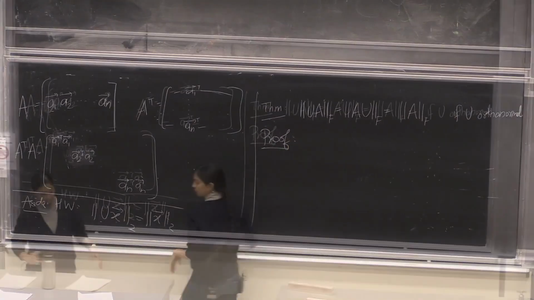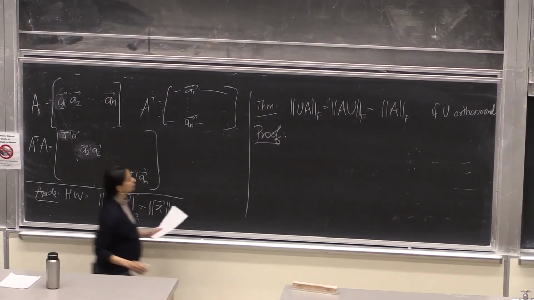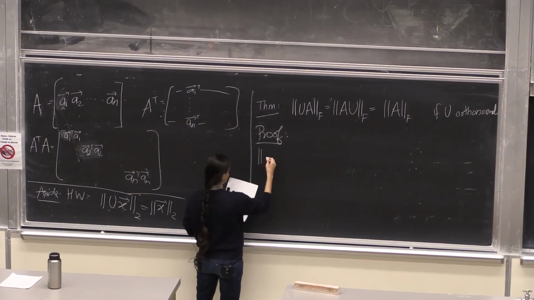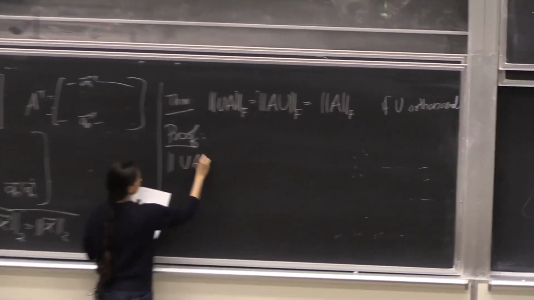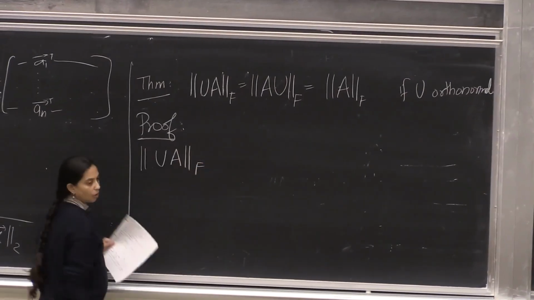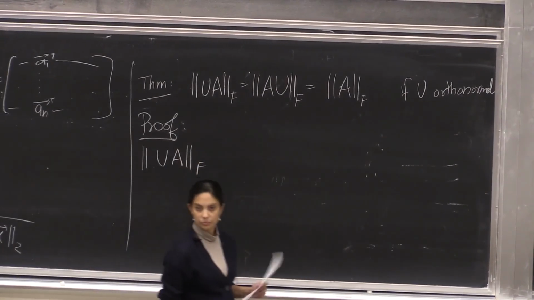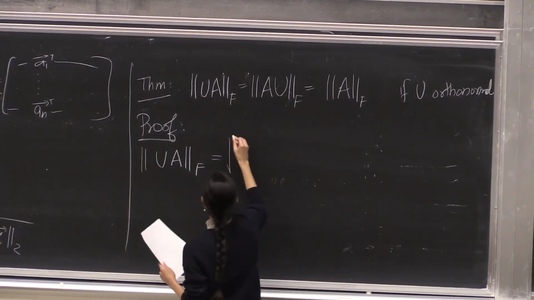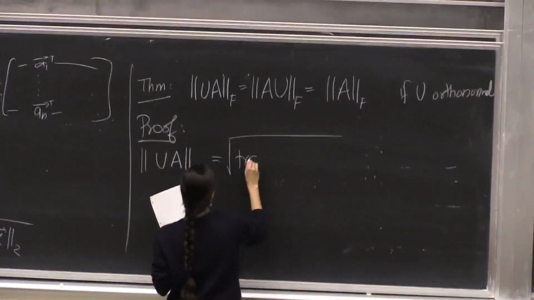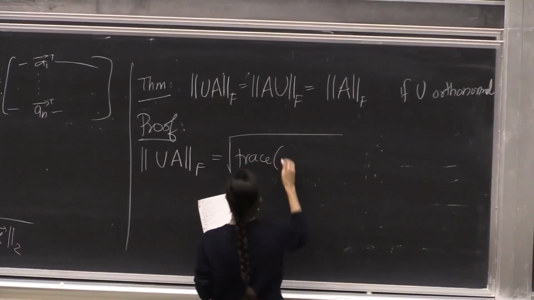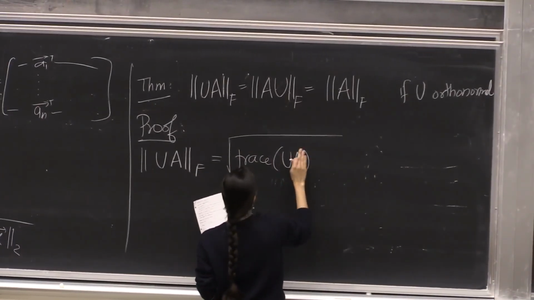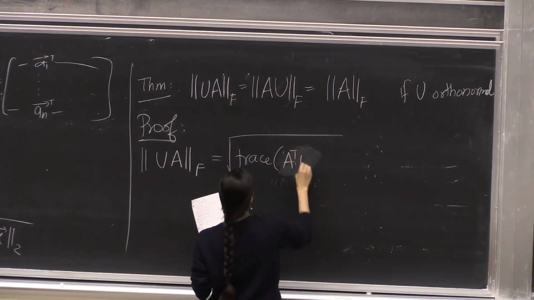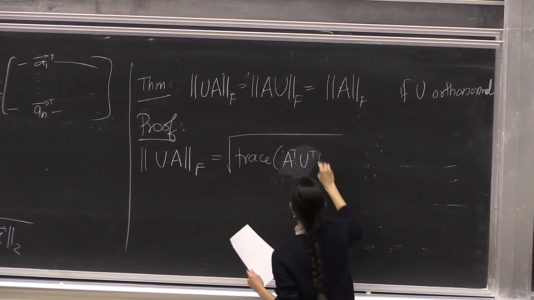Okay, I'll give you a minute to do it out. So let's do this out. What is the Frobenius norm of UA? How do you want to write this? What's the convenient way? Just speak up loudly. This is the trace of UA transpose, which I can just write as, now we've done this enough, transposing.